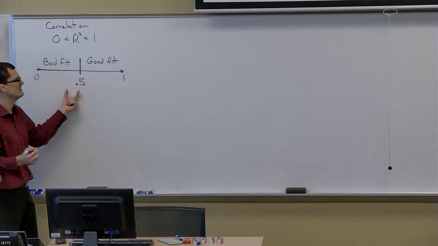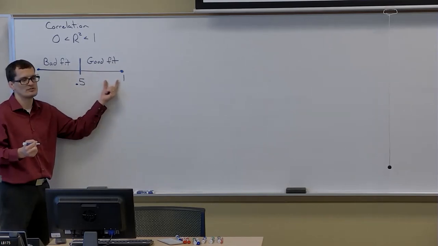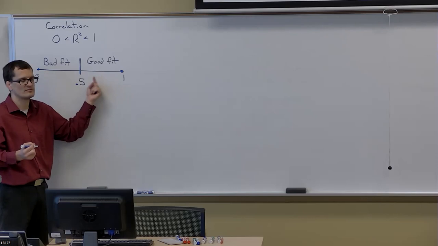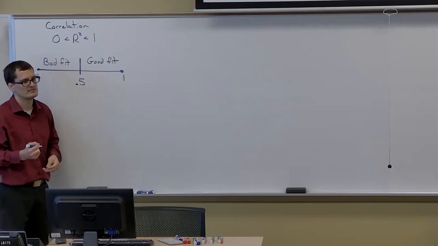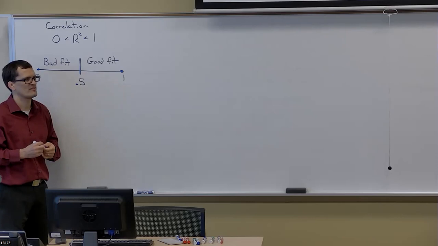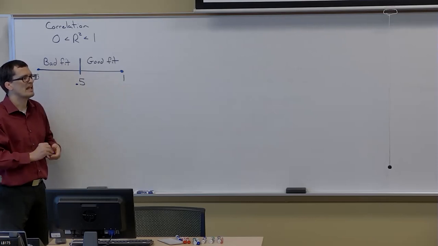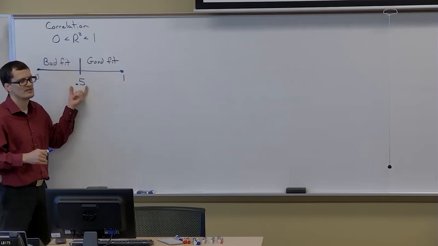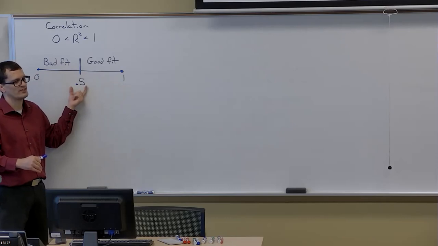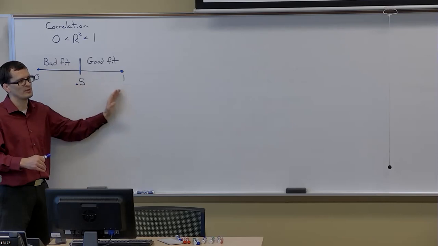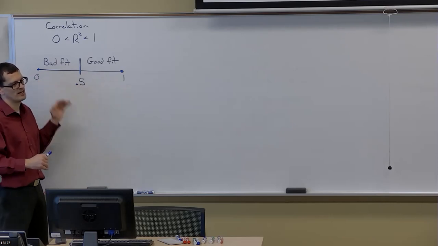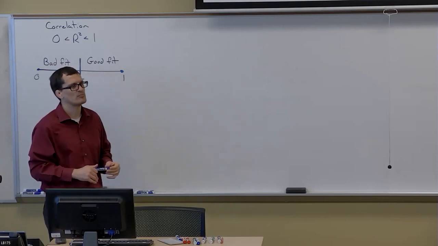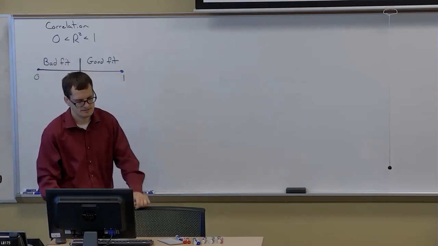In some of the hard sciences, they might want an R squared that's closer to 1. So they might have a 0.7, which is a bad fit. Does that make sense? In this class, because of the sizes of the data sets we're going to use, and just because of the nature of making it a fairly easy cutoff, we're going to draw the line between good fit and bad fit at 0.5. So anything above 0.5 is a good fit, anything below 0.5 is a bad fit. If it lands perfectly on 0.5, we'll say that's a good fit too.